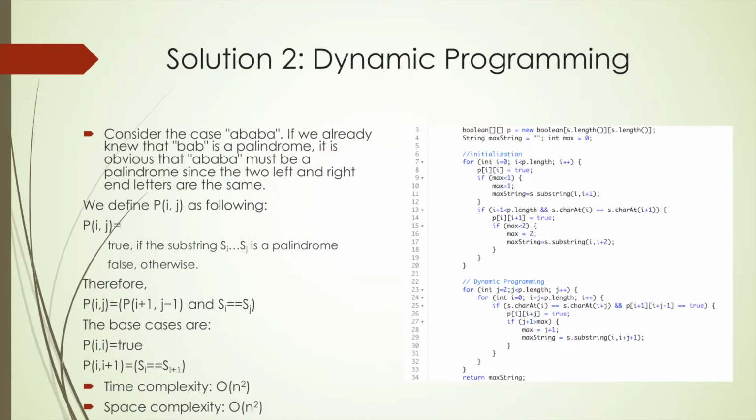We can think brute force is not a good solution, so let's think of another way. Consider a case ABA. This is a palindrome. If we already know that BAB is a palindrome, it's obvious that ABABA must be a palindrome, since the left and right-hand letters are the same.